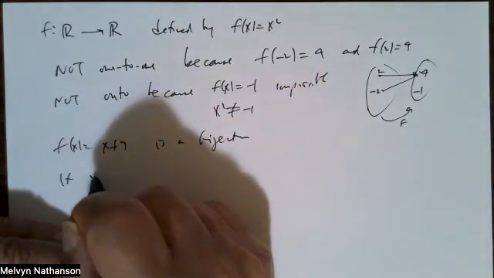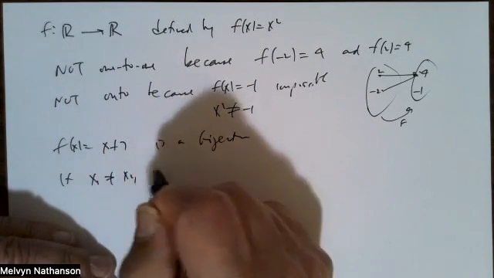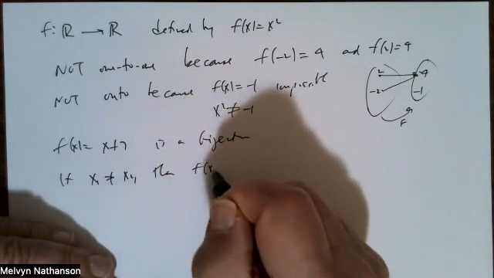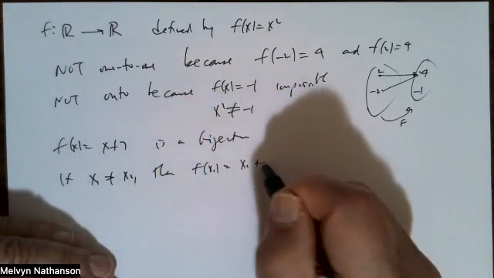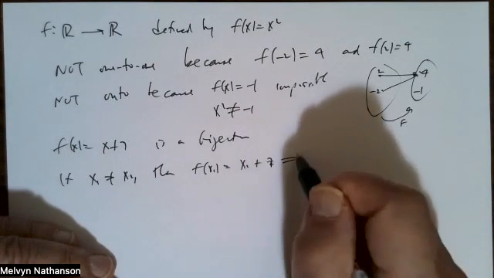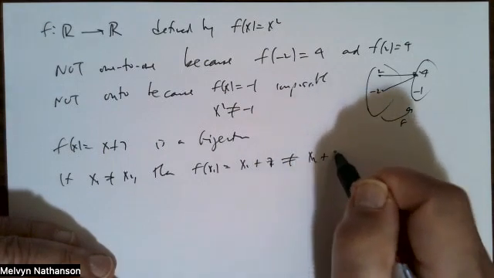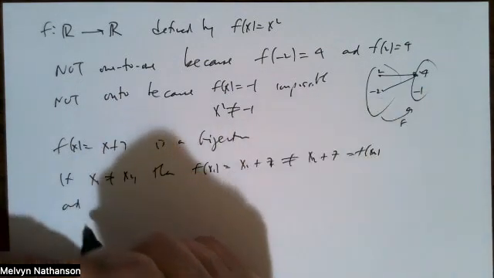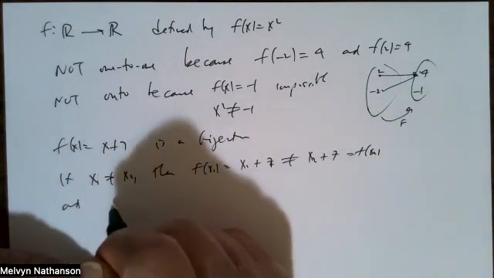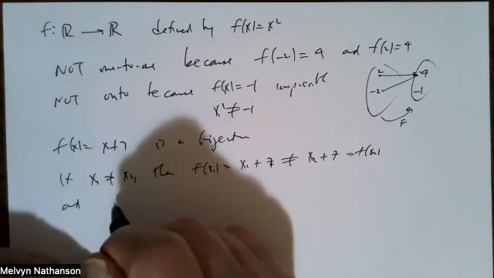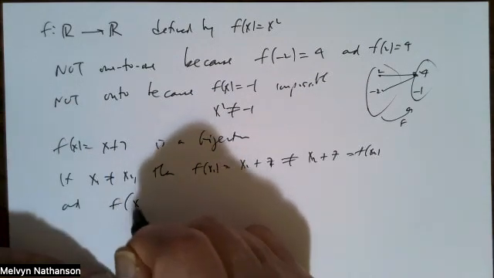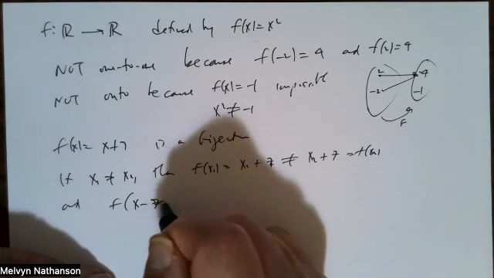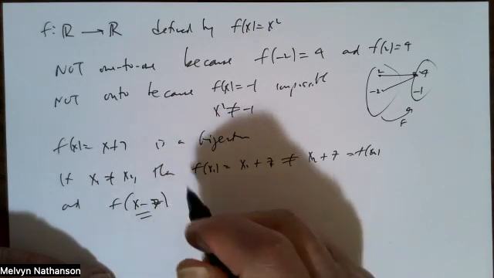You take f of x equal to x plus 7, this is a bijection, because if x1 is different from x2, then f of x1, which is x1 plus 7, is not the same number as x2 plus 7, which is f of x2. And for any x, f of x minus 7, that's a nice number.